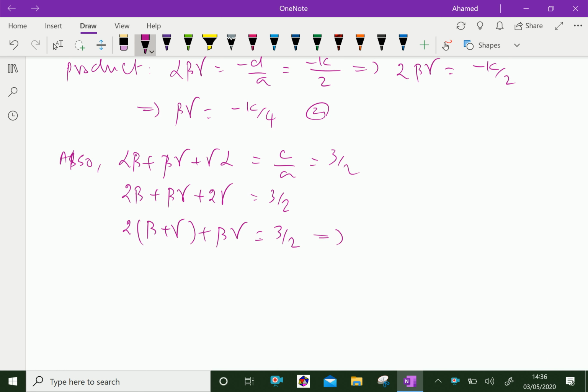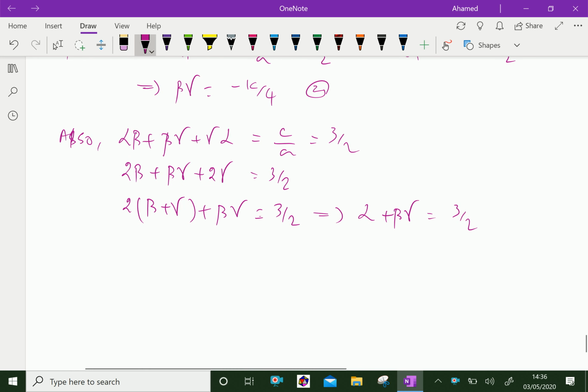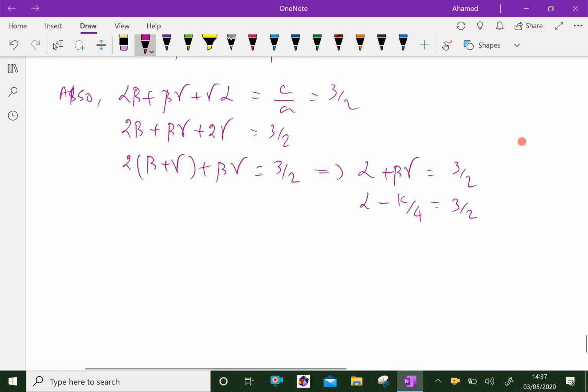Beta plus gamma equals alpha by 2, which is 1, so alpha plus beta gamma is 3 by 2. But beta gamma, from 2, is minus k by 4. Therefore 2 minus k by 4 equal 3 by 2.